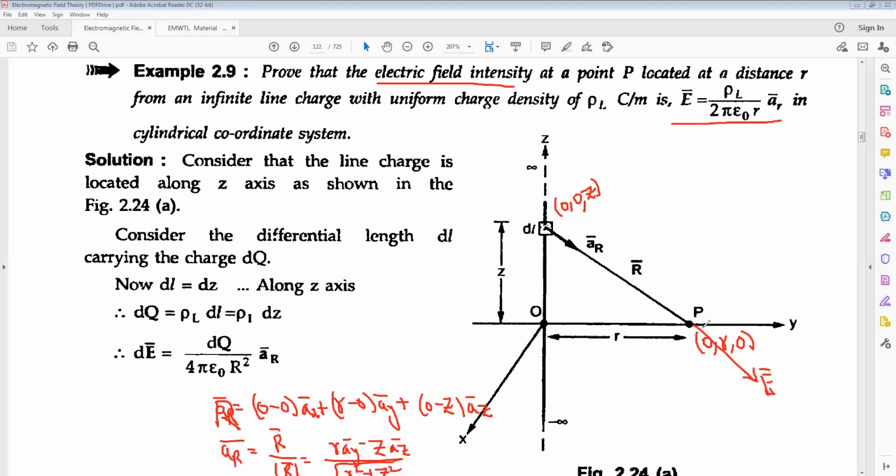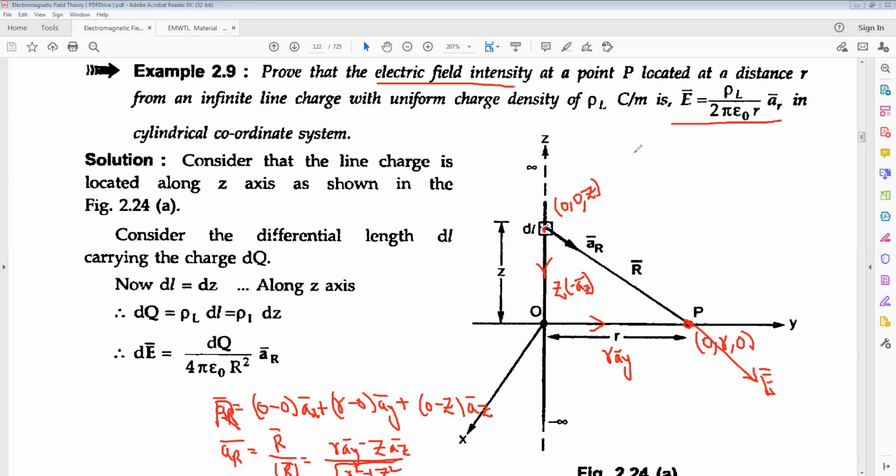To find the electric field intensity at the point P, there is a downward direction of z into minus az bar, and with the distance here, r into ay bar. Ay bar is a positive direction. So r into ay bar minus z into az bar under root of r square plus z square.